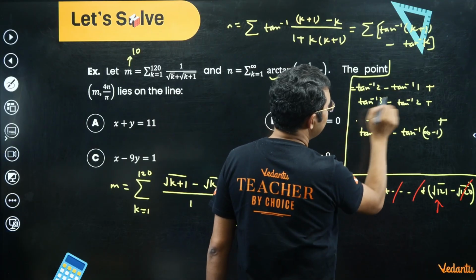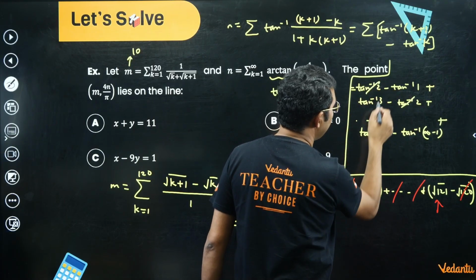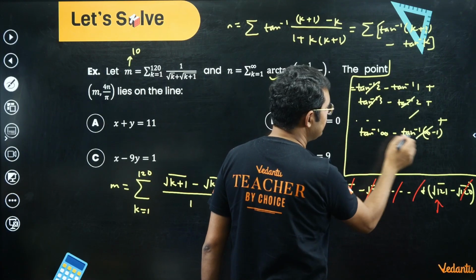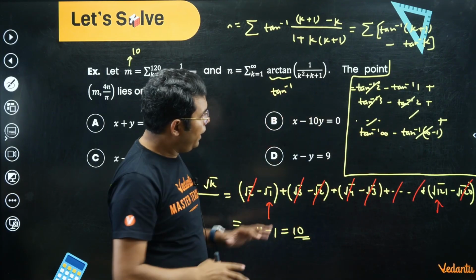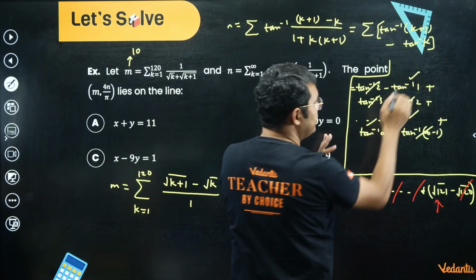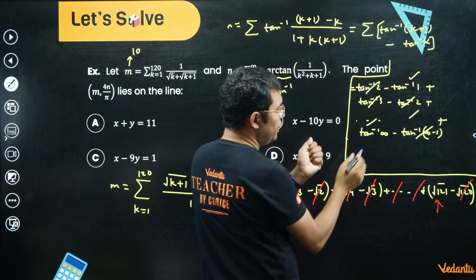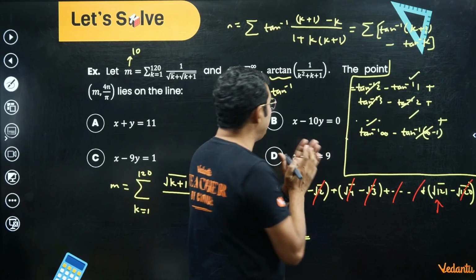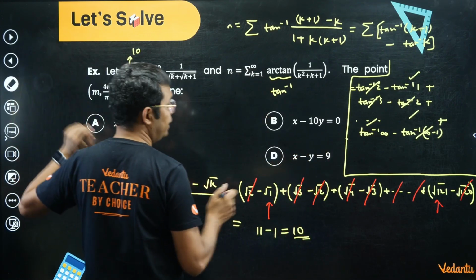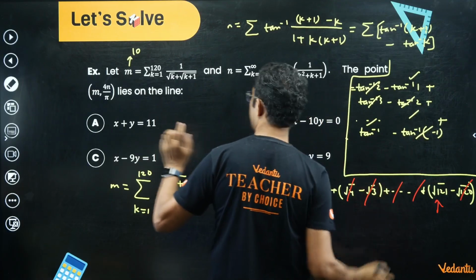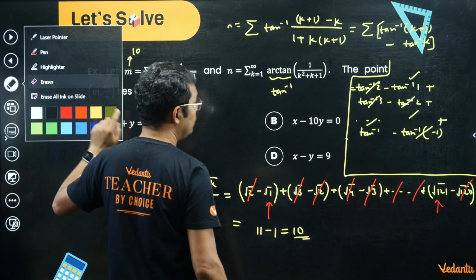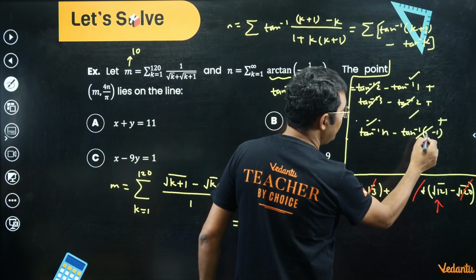So you can see this tan inverse 2 will cancel here, tan inverse 3 will cancel here, this term will cancel from the previous term, and only two terms are remaining, the tan inverse 1 and this last one.